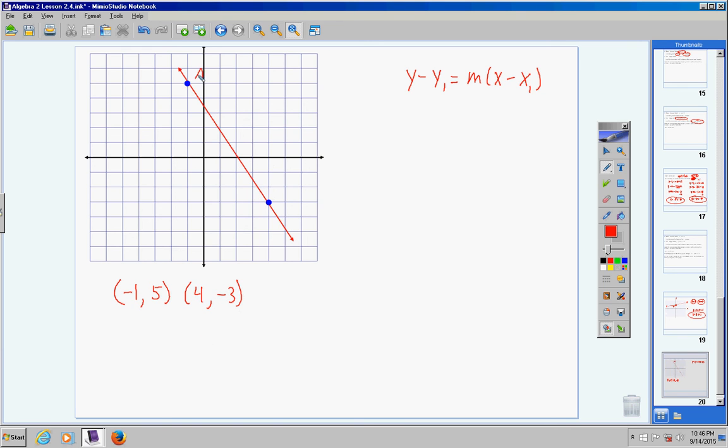We'll call this point A, point B. 7, 8. So there's your rise. So you have a run of 5, a rise of 8.